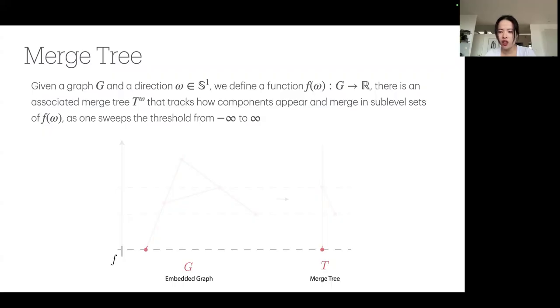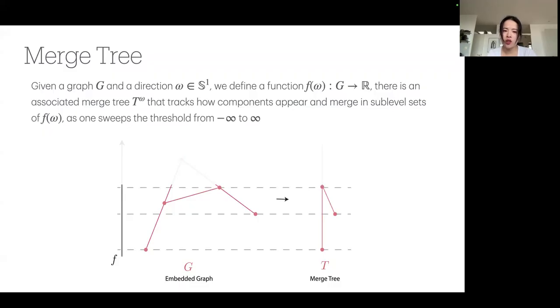Now, for example, we sweep from negative infinity, and here we encounter our first connected component of G. I generate my first leaf in my merge tree. And at this height, I pick up my second connected component, and now I have two branches in my merge tree corresponding to these two separate connected components. And these two components merge at this height.